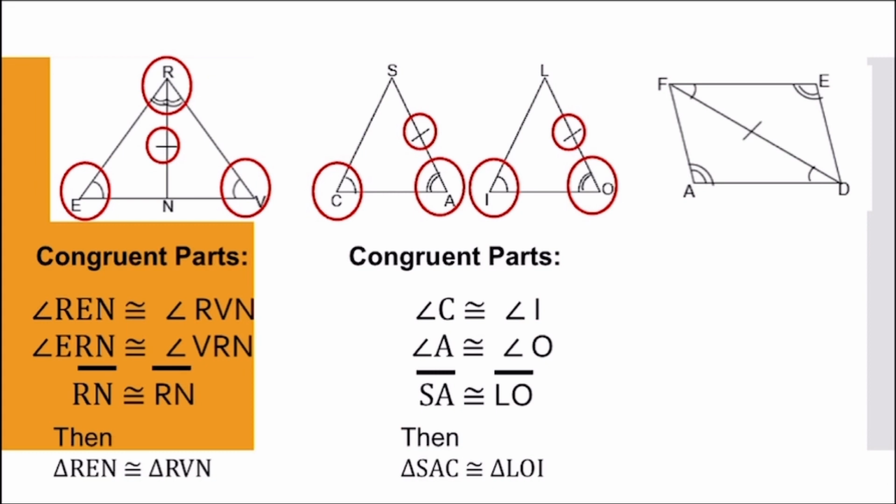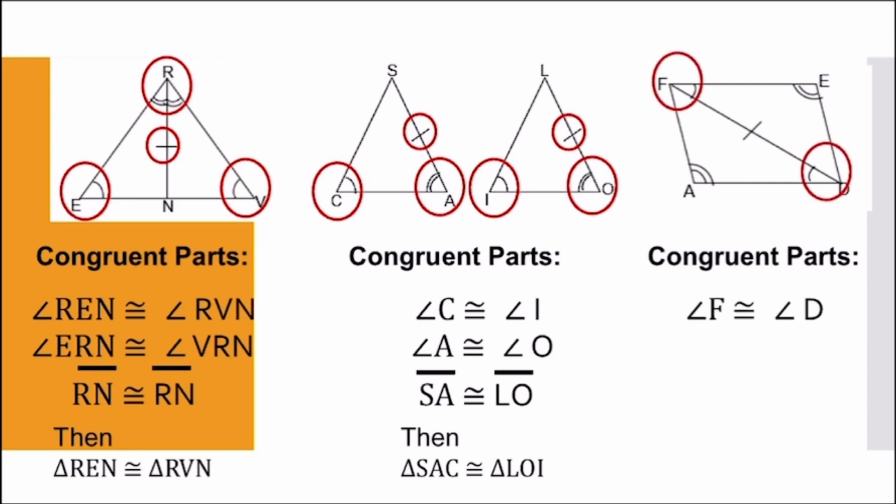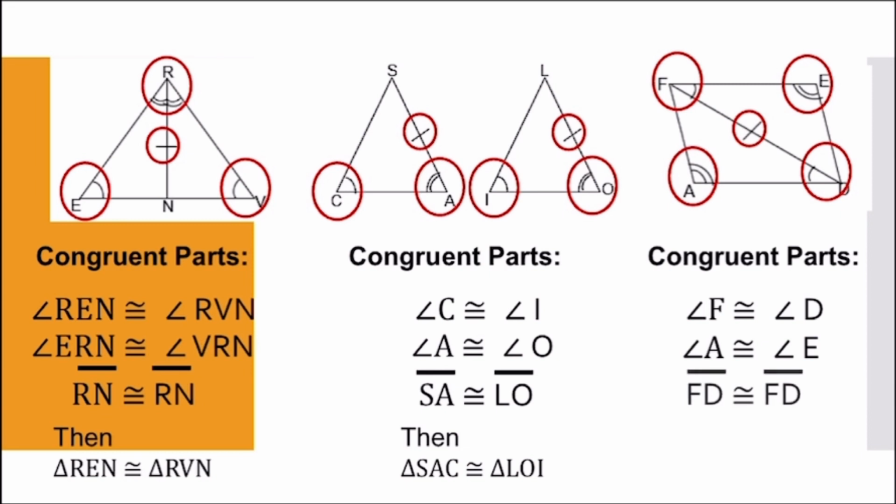For our third figure, let's identify the congruent parts. For our first pair of congruent angle, we have angle F is congruent to angle D. For our second pair of congruent angle, we have angle A is congruent to angle E. And for our pair of non-included side, we have line segment FD is congruent to line segment FD by means of reflexive property.